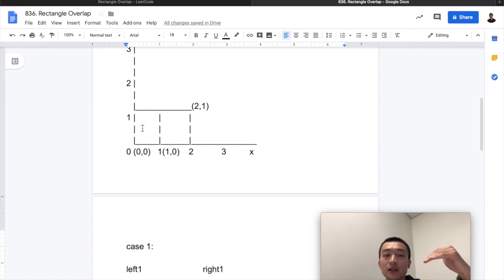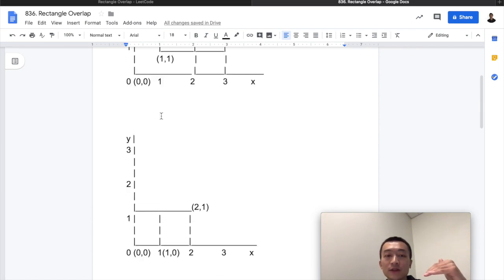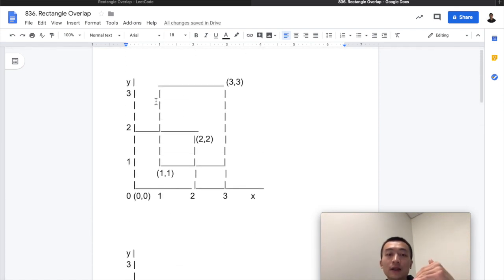There's a shadow on the x-axis, and there's another shadow on the y-axis. As long as these two rectangles overlap each other on the x-axis, we put the 2D shape onto a 1D shape.